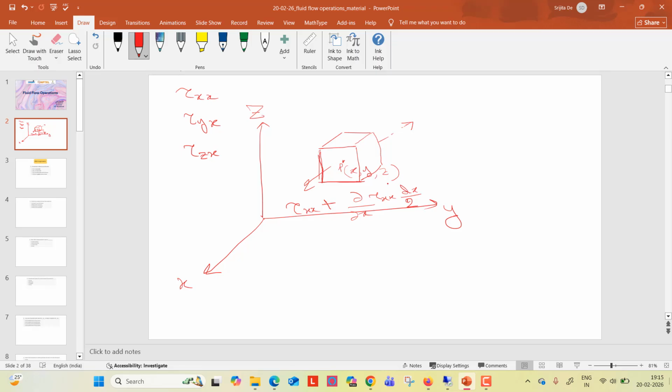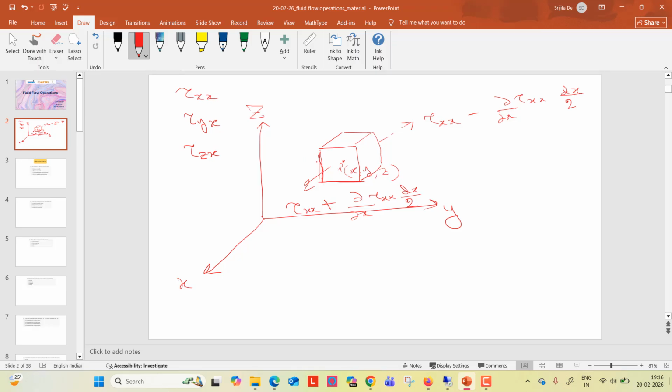So this is the plus directional stress exchange. And in the negative x direction it will be tau xx minus del x of tau xx dx by 2, right? So this is the stress exchange in the differential distance of dx by 2 in both the cases, right?